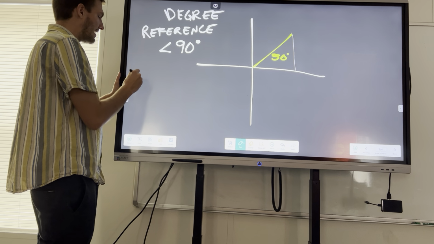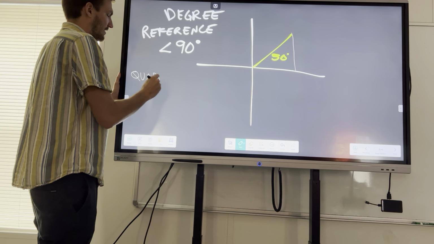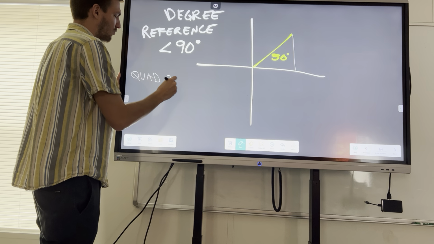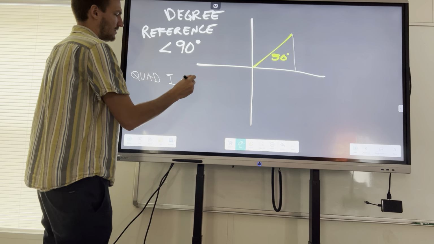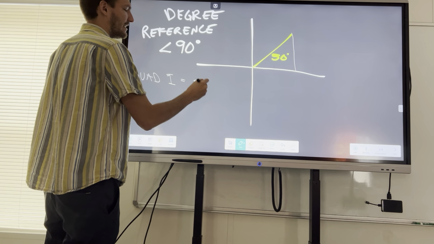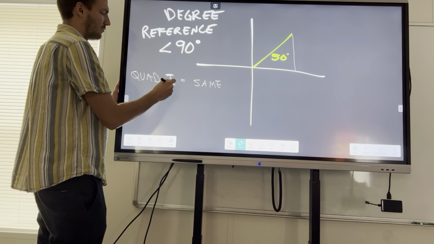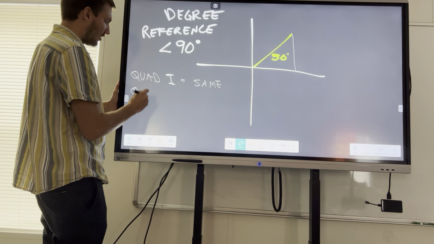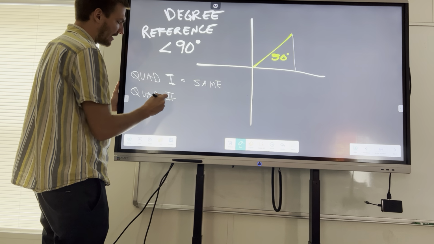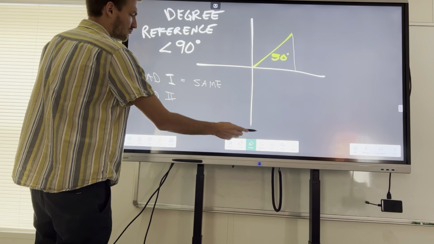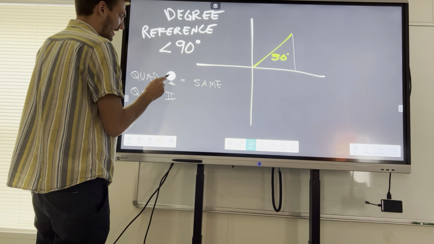If you remember, we made quadrant 1. You basically just keep it the same, right? We made this little table over here. Then we had quadrant 2. Does anybody remember the rule for quadrant 2? Nice, very smart.